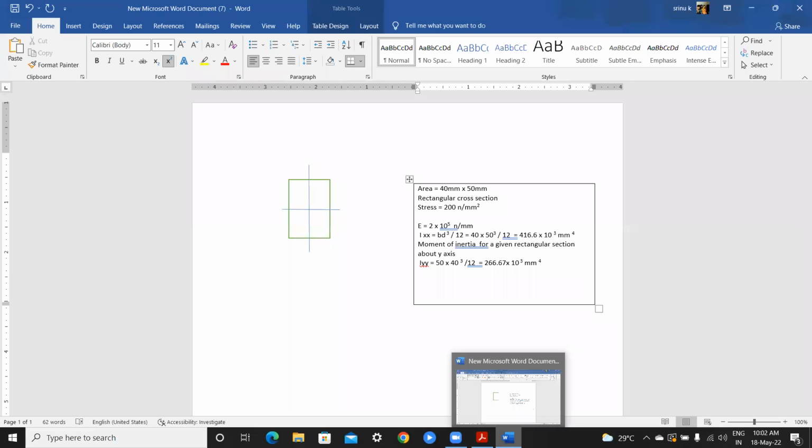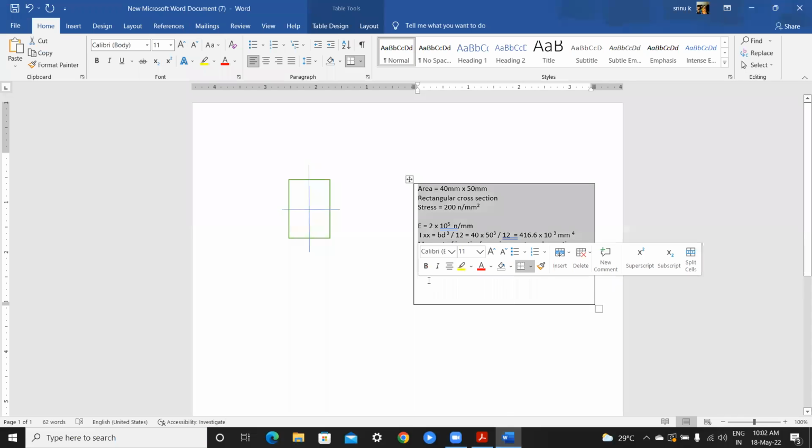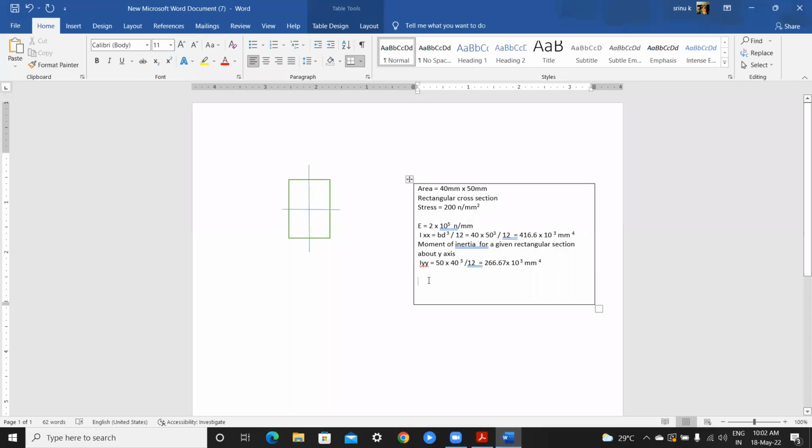The effective length given in the problem is 2000, which means 2 meter. After calculating, we get this value as 131.60 into 10 cube Newton, or 131.60 kilonewton. I am writing the answer here: PE value as 131.60 kilonewton.